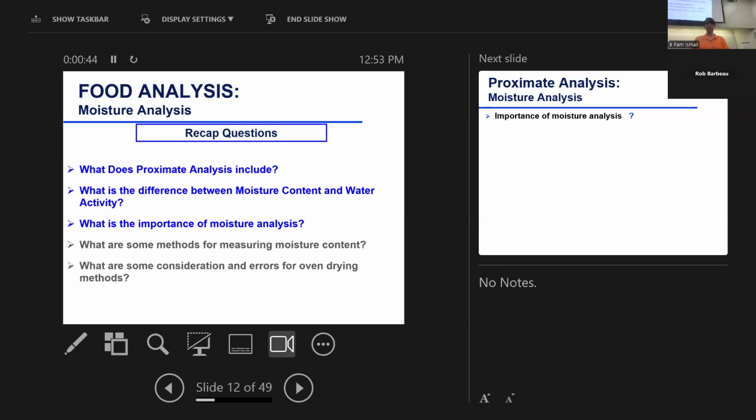What's the difference between moisture content and water activity? Who wants to give that a go? Moisture content, water activity, Sierra? Exactly. So moisture content is all the moisture that is not chemically bound, whether it's available for reactions or not available for the reaction.